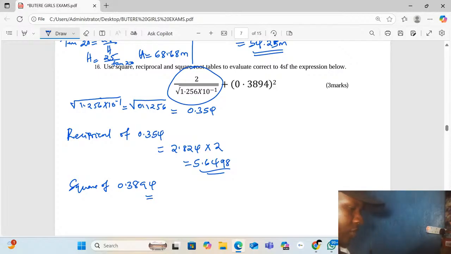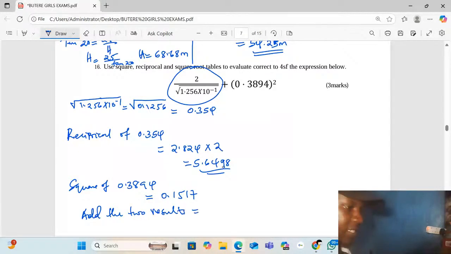From the tables, we find the square of 0.3894 to be 0.1517. So this is the square. Now we add the two results.